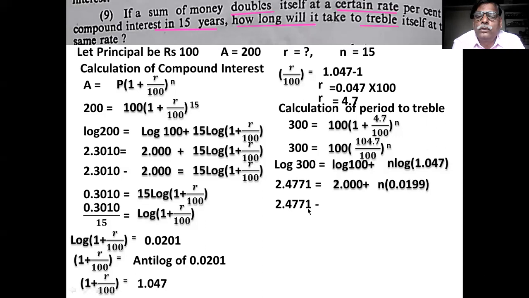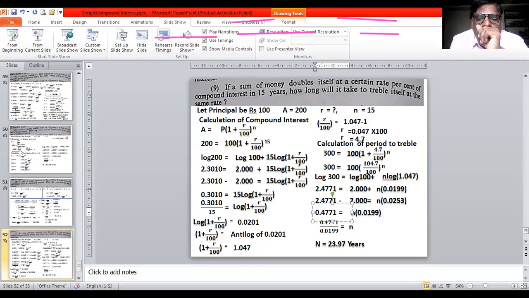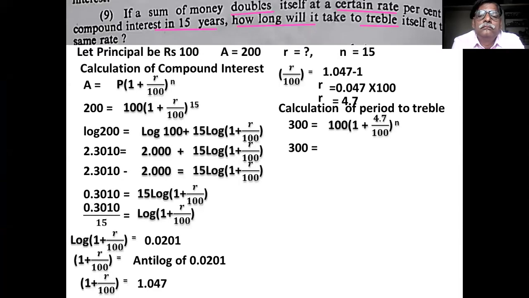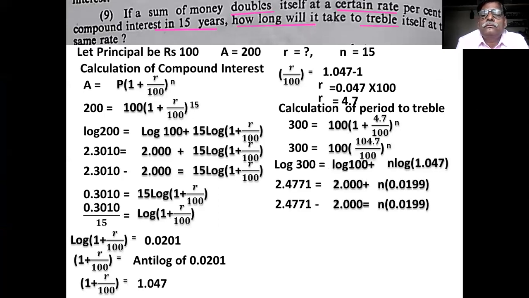The next step is 2.4771 minus 2.000 is equal to n times 0.0199, the value, and you take this bracket to this side.